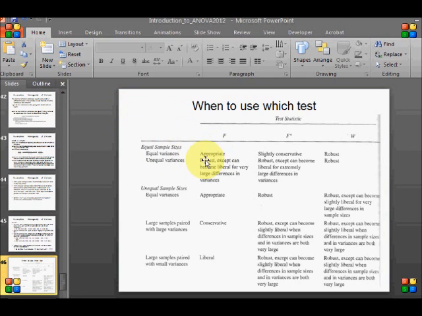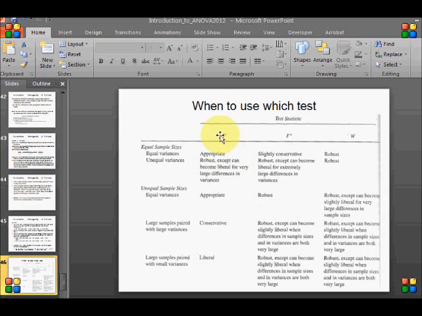Now, equal sample sizes, when we talk about robust, that means that it gives accurate results. Conservative means that you fail to reject more than you should and you reduce power. When I say that it is slightly liberal, like in this case, well, that means that I'm having more type 1 errors than I really want, more false positives than I really want.